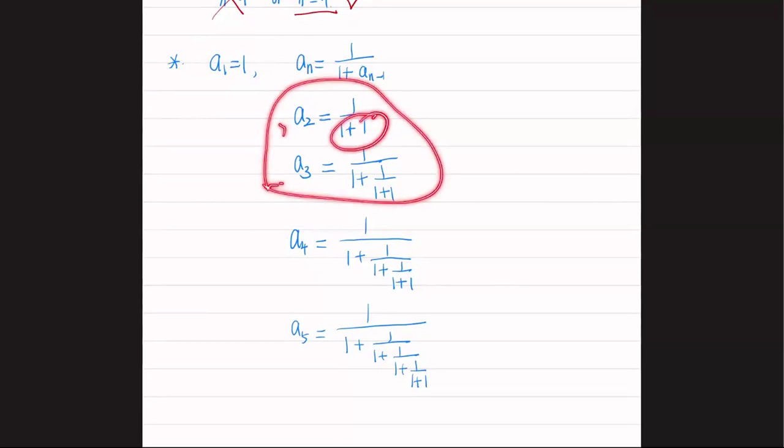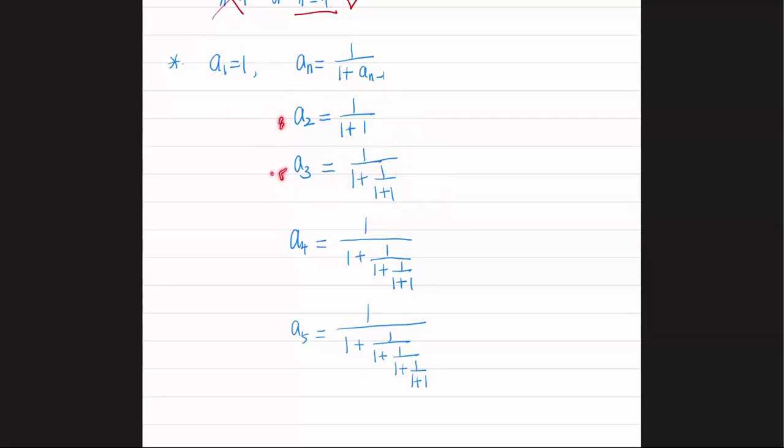Compare the denominator, which one is bigger? The 2 is bigger, then the 2, which one is bigger? This denominator is bigger, so this number will be smaller.